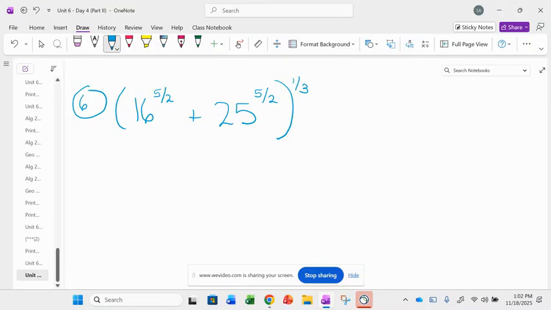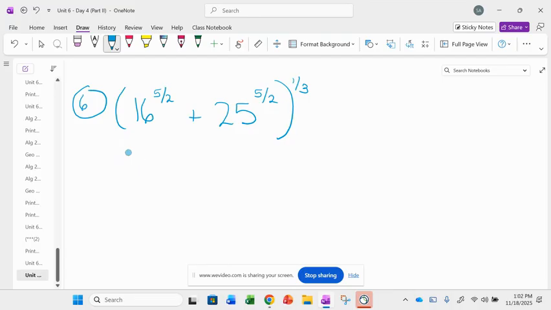Can I distribute in that power of 1/3? No, why not? Because of the plus sign. So we need to try to work within our parentheses. What do you think I'm going to recommend we do? I can't add them. Yeah, get rid of the denominator.